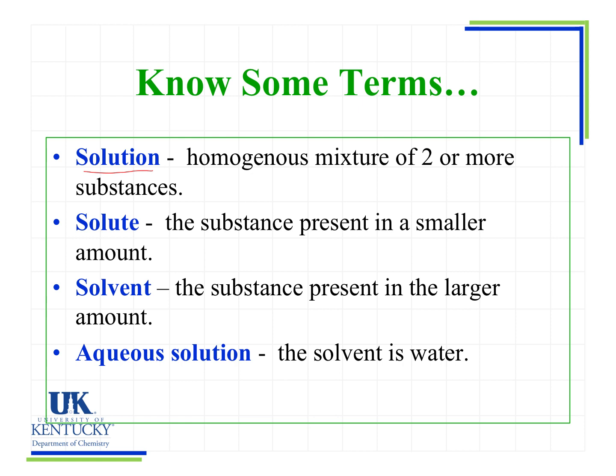Okay, so the next term is solute. Solute is a substance present in smaller amounts, so that's basically what is dissolved into something else. Okay, so the smaller amount is the solute. Solvent is the next term, and that's a substance which is present in the larger amount.